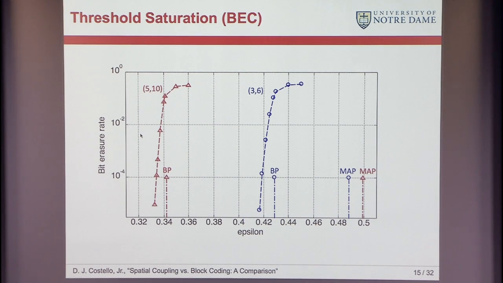The MAP thresholds get better with increasing density. And since the spatially coupled codes follow the MAP thresholds even though we're using belief propagation decoding, the 3,6 is here, close to the MAP threshold. The 5,10 is even better. It moves with the MAP thresholds.